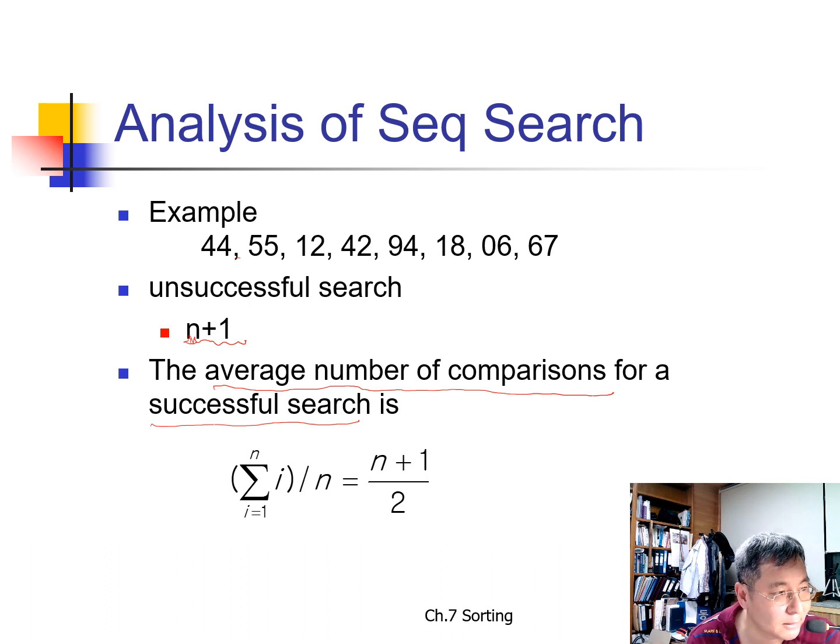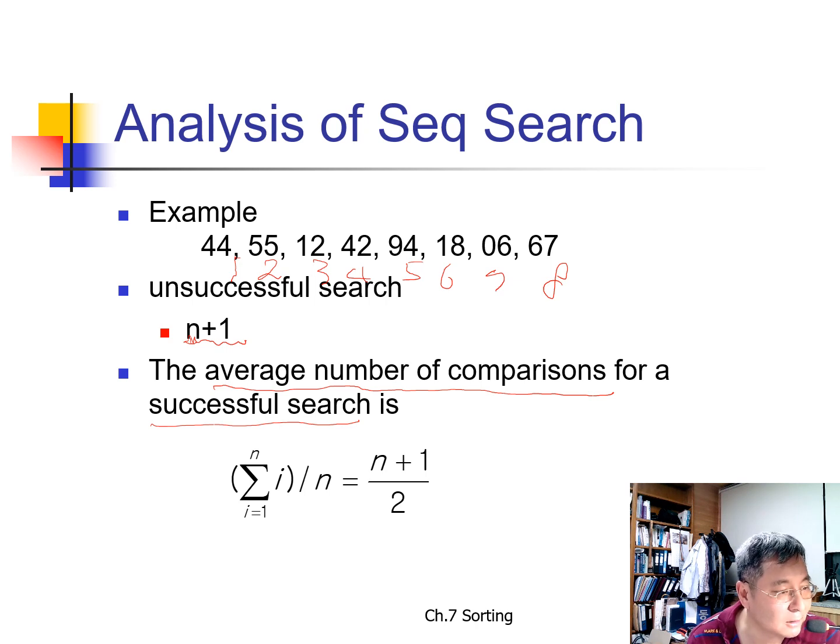That is 1. And if we find 55, it will be found in 2 comparisons. 3, 4, 5, 6, 7, 8 comparisons are necessary to succeed in finding such numbers.